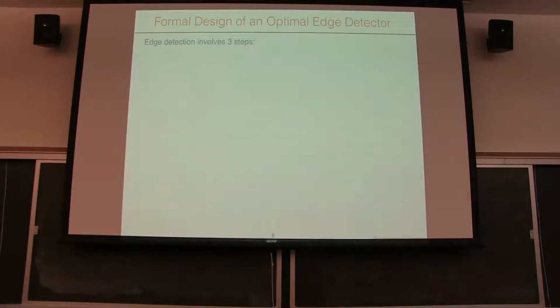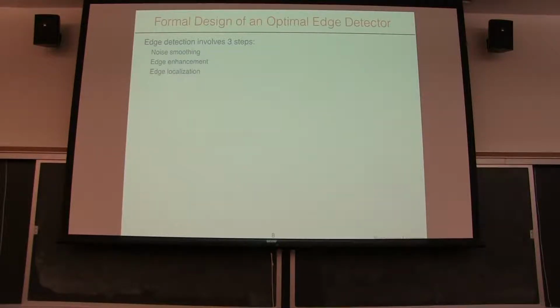He thought about this in terms of there being 3 steps involved in edge detection. The first step is that we need to deal with noise. We saw that taking derivatives is bad because of the noise. The second thing is you need to find a way of lifting up the signal at the edge location so you can detect it. That's edge enhancement.